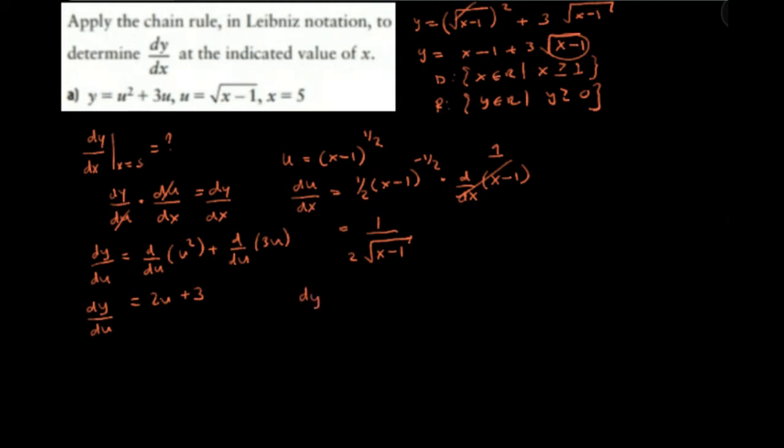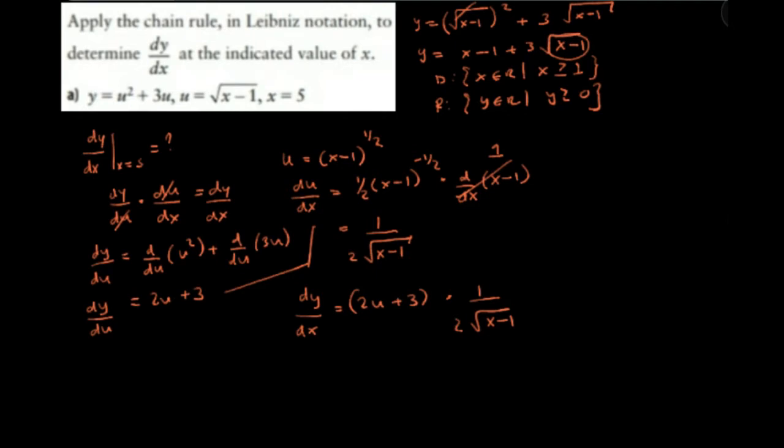And if I combine these two together, dy over dx is dy over du times du over dx. So you get dy over du, 2u plus 3, times 1 over 2 square root of x minus 1.